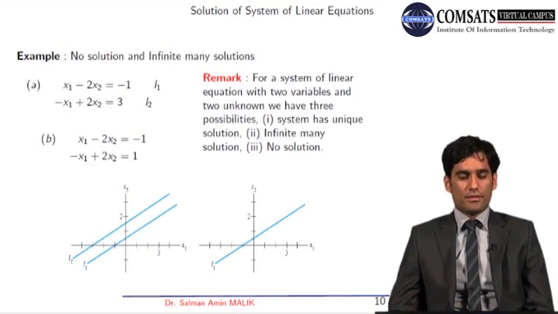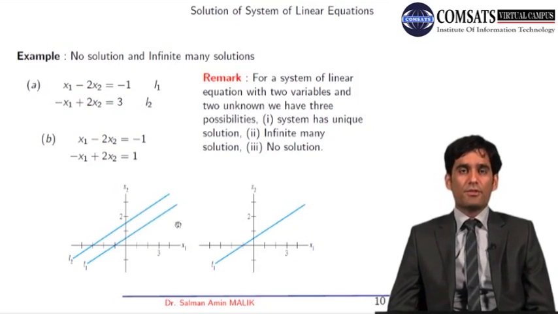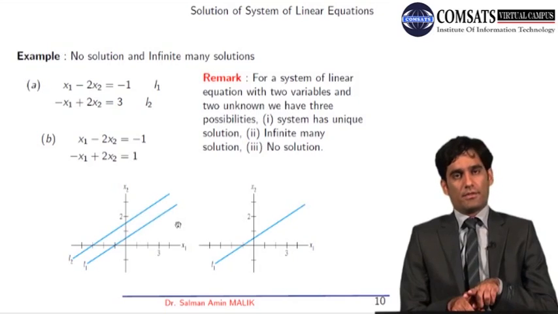Let's see the third system of linear equations in 2 variables with 2 equations. If I plot these 2 lines, in fact these are not 2 lines, it's only 1 line. These 2 lines are what we call overlapping lines.